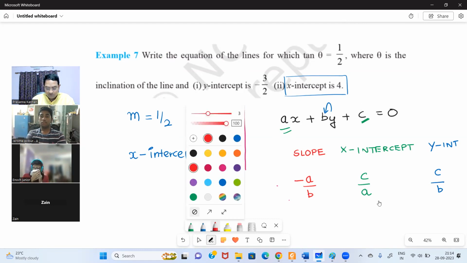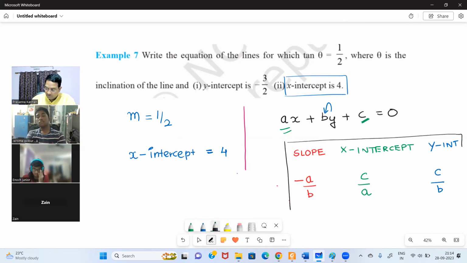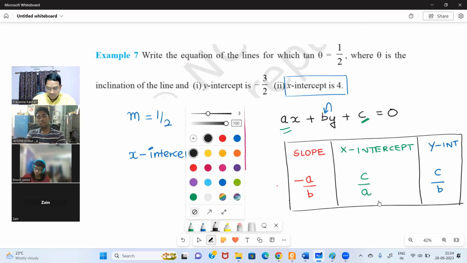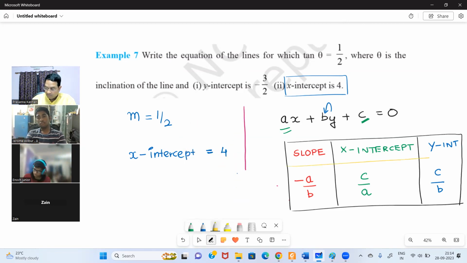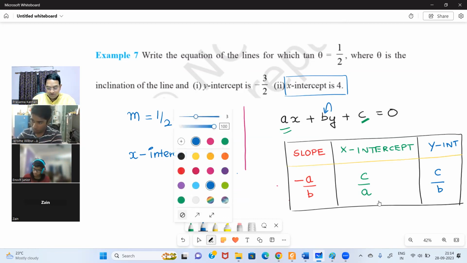So this is very, very important. Once I give you the equation of a straight line as ax plus by plus c, then you will be able to infer these things. Please make a note. Very, very important for your competitive exam also.